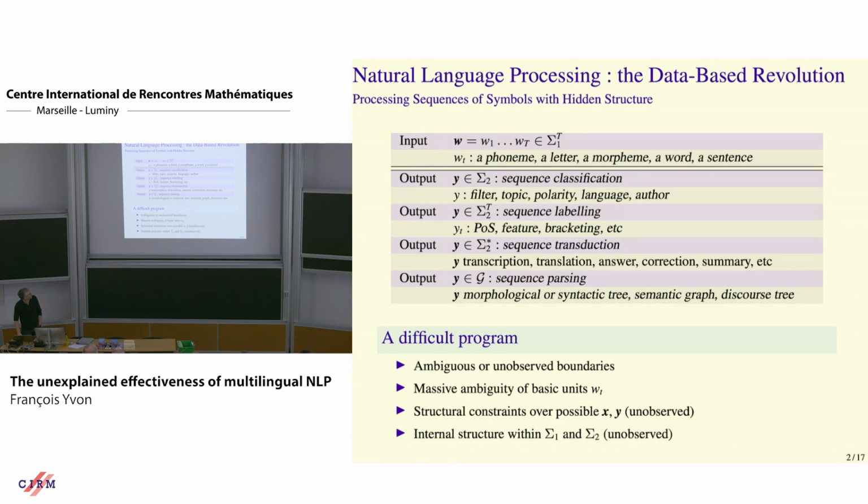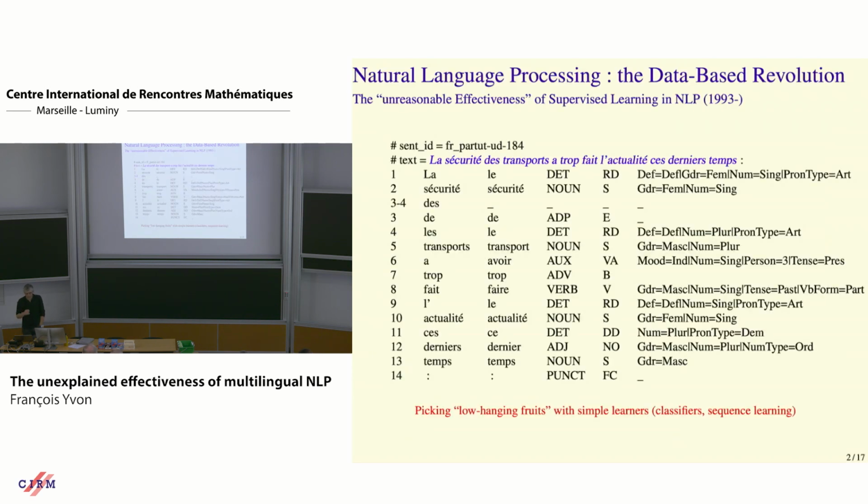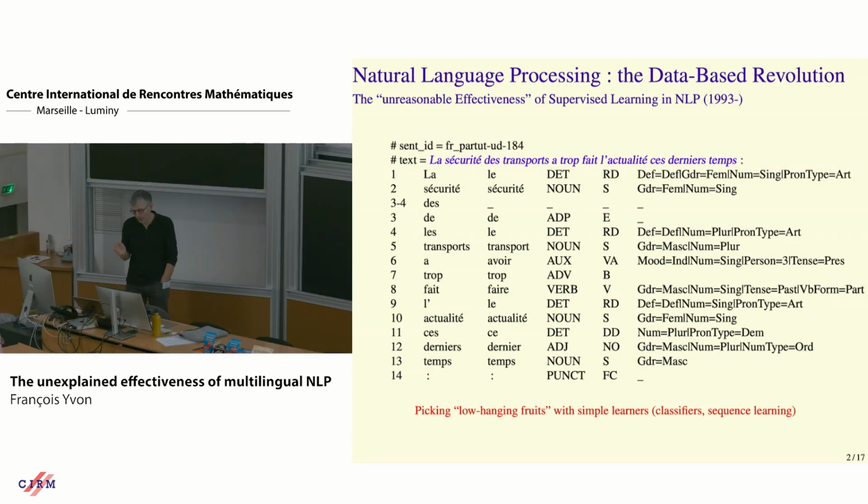For about 30 years, the community has slowly moved away from the symbolic or logic-based approach that was so popular in the 70s and 80s, and has embraced machine learning technologies. So it's been like 30 years now that we have tried to rely on annotated data sets like this one.